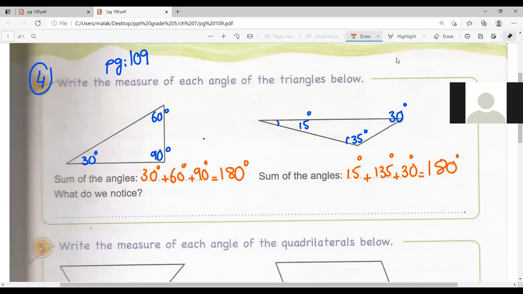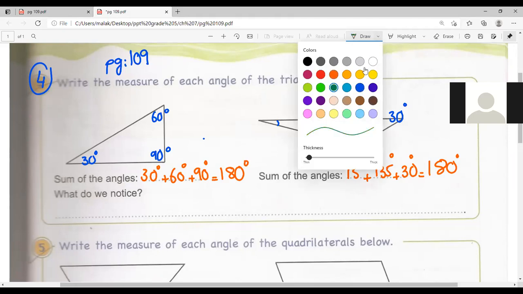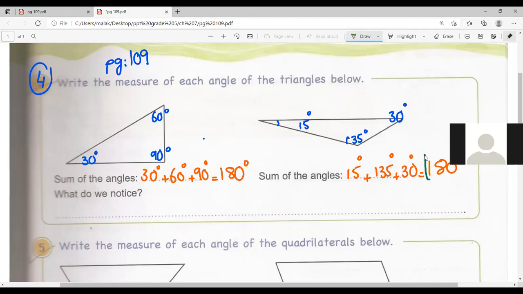Excellent. So what do you notice, Majid, here? The same. What is the sum of all angles in any triangle? In any triangle, the sum is 180 degrees.